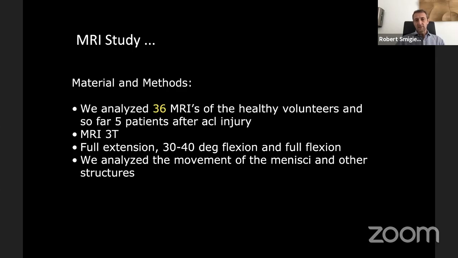Because the diameter of the coil was not big enough to show everything. We could make the examination in full extension, then a slight flexion until 30-40 degrees, and then we removed the patient, flexed the knee completely, and did the MRI again. We analyzed the movement of the menisci and other structures.